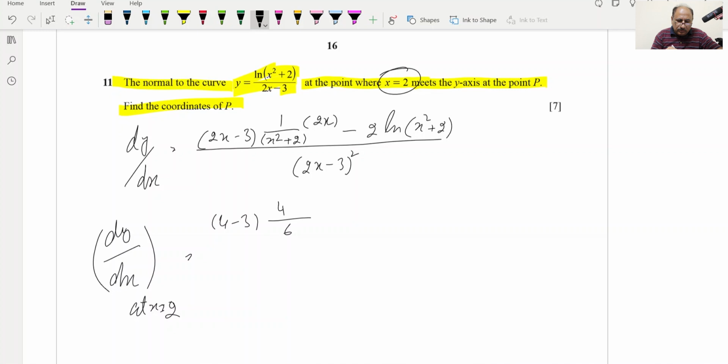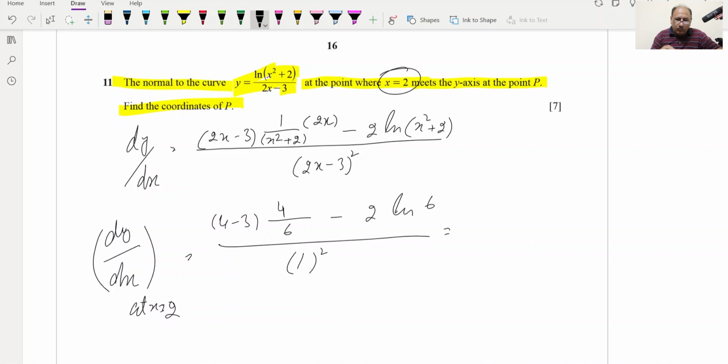This one 2x will result in 4. So minus 2 into log of 4 plus 2, which is 6. So we can write 6 over, this will be 4 minus 3, so 1 squared.